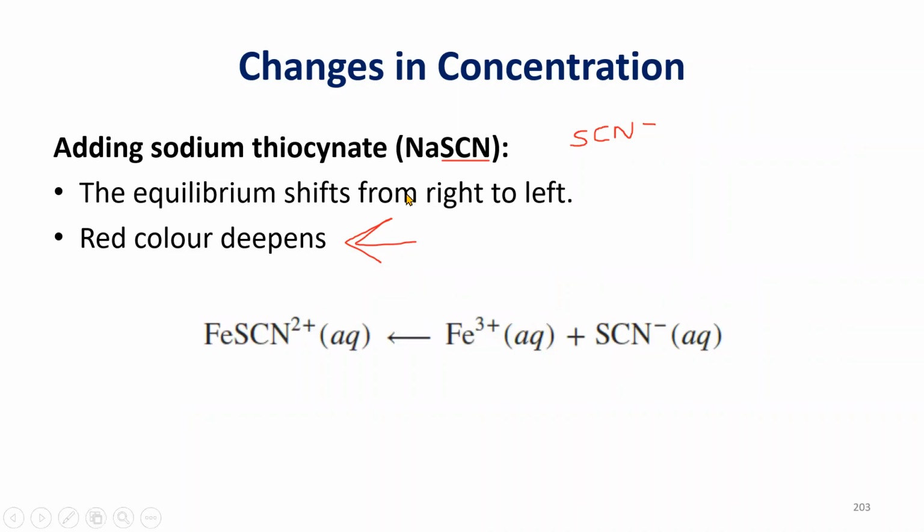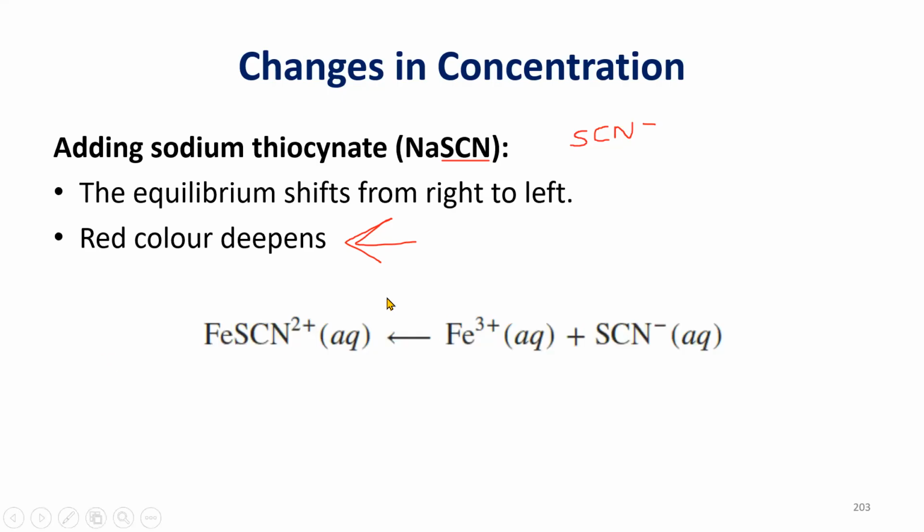So the equilibrium shifts from left to right in that direction to ensure that the extra ions that are introduced are used up, so that it now reattains its equilibrium that it had.